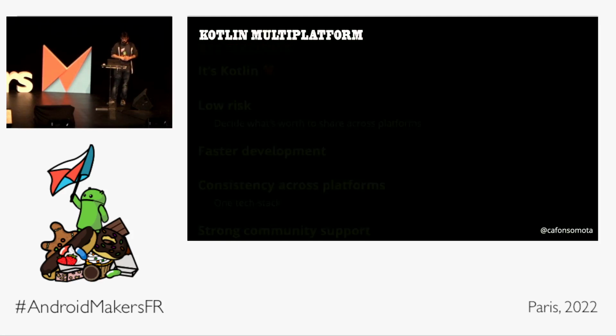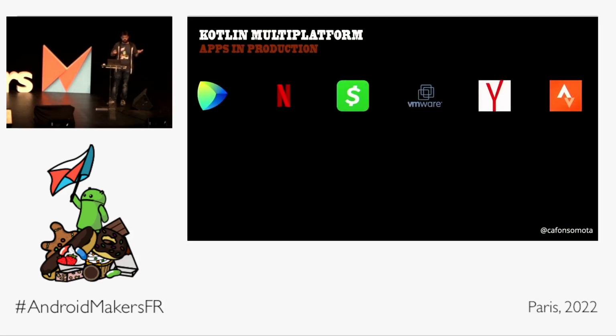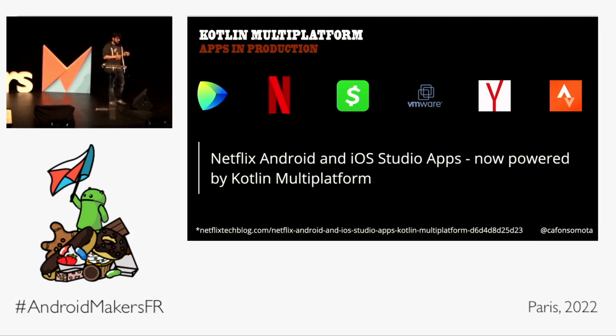Another question that I often get asked is, are there apps in production using Kotlin Multiplatform? Yes, there are a lot of apps. You've got JetBrains Space, that is full Kotlin Multiplatform. You have Netflix, that has their studio app as multi-platform. They wrote a really good blog post a couple of months ago, I think it was at the end of the year. And they mentioned that using multi-platform allowed them to develop the application way faster and keep launching new apps.